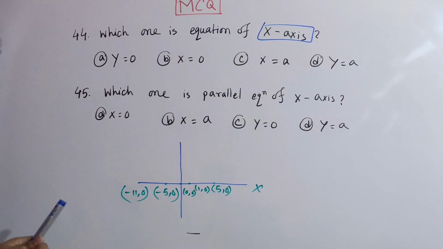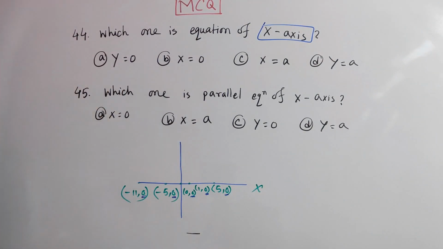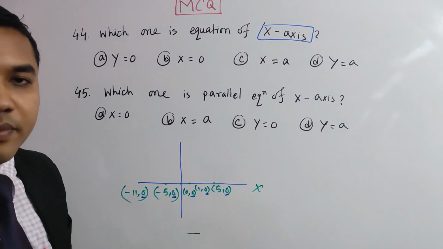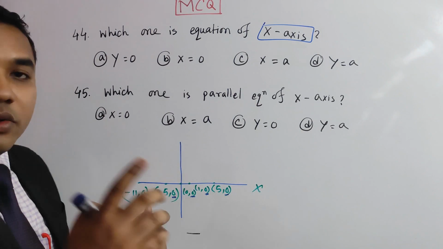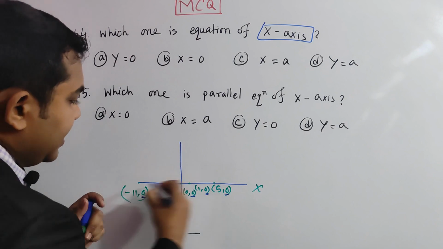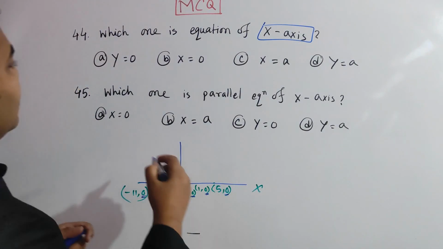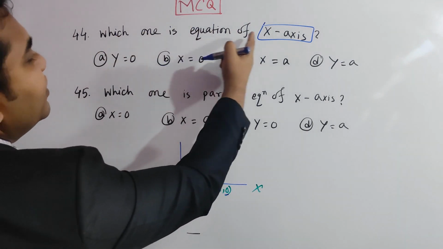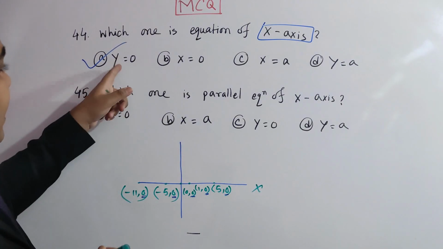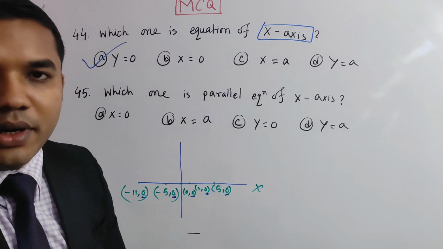So here every ordinate is 0, but abscissa can be anything, so ordinate should be 0. So if the ordinate of a point is 0, then that point must lie on the x-axis. So the equation of x-axis is y equals 0. If y equals 0, that means the point must lie on the x-axis, so that will be our answer.